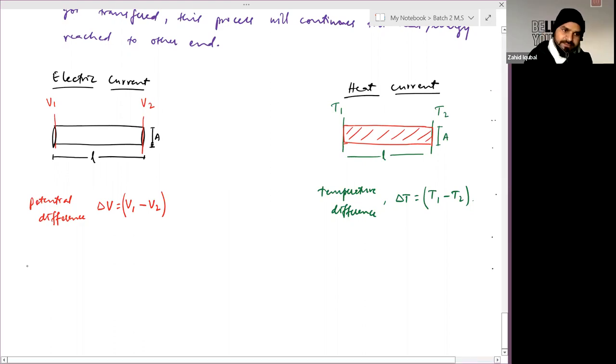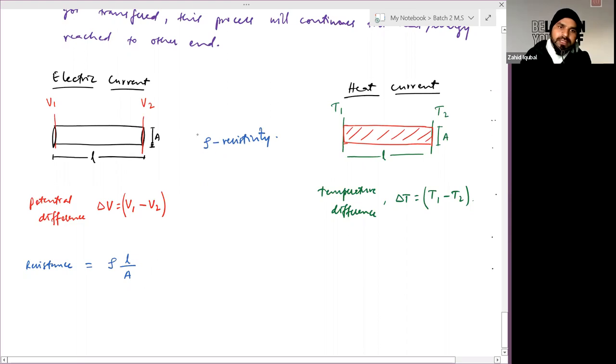So next we define resistance, or opposition caused in the flow of current through any conductor, which is equal to rho L by A. You must have learned about it. Rho is resistivity, L is length of conductor, A is area of cross section.